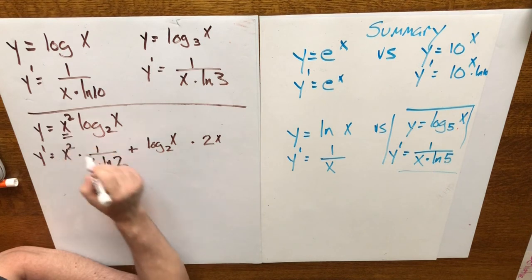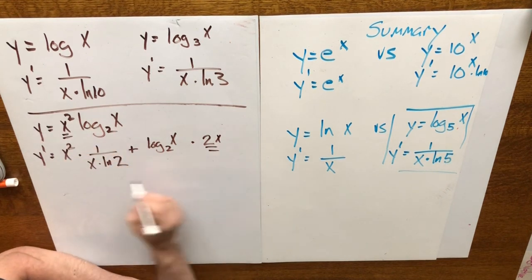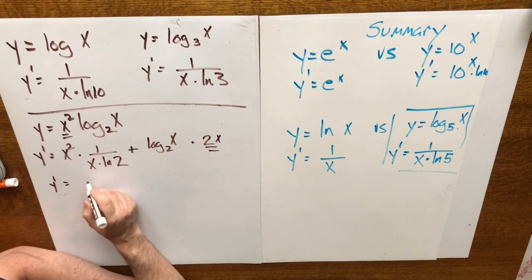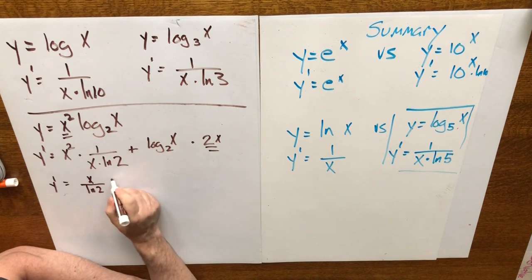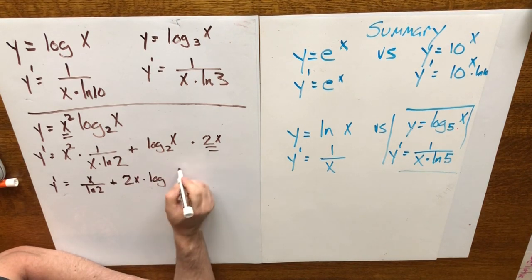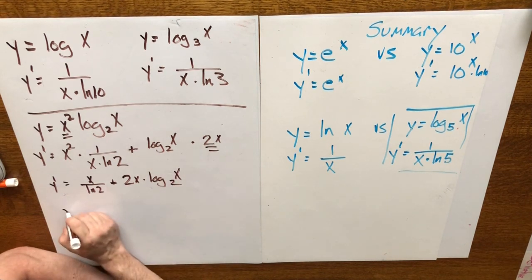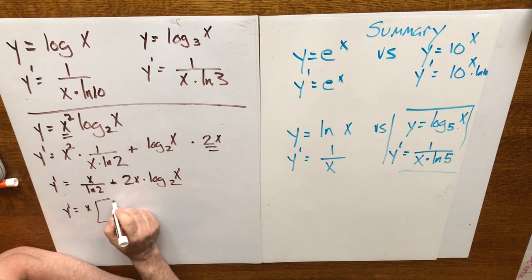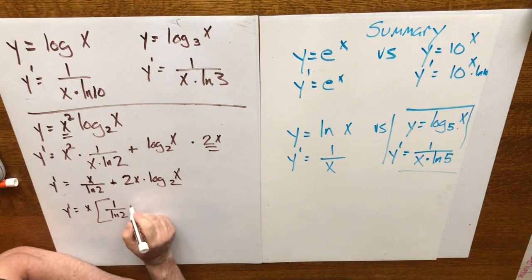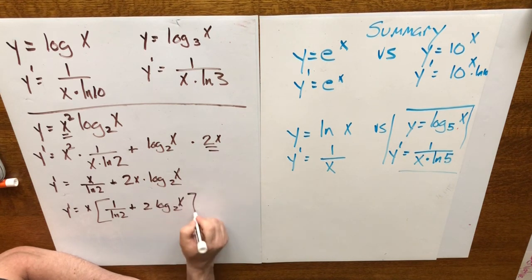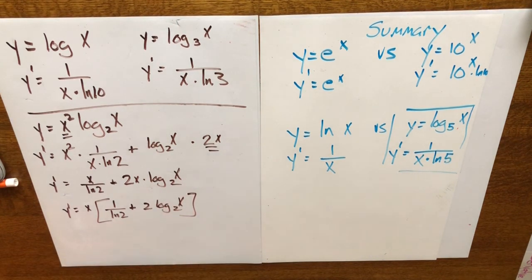The derivative of x squared is 2x. Let's see if we can simplify that a little bit. I see these x's will cancel out here, and I have x over ln 2 plus 2x times the log of x to base 2, and there's a common factor there of x that you can take out. So 1 over ln 2 plus 2 log of x to base 2 would be a good simplification for that derivative.